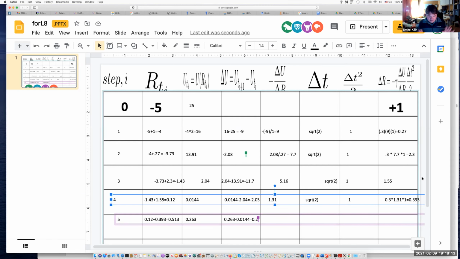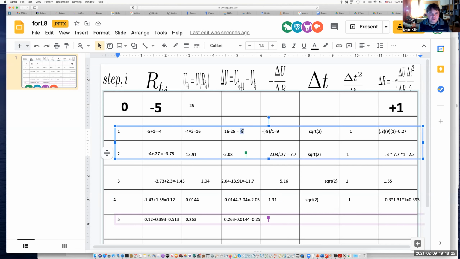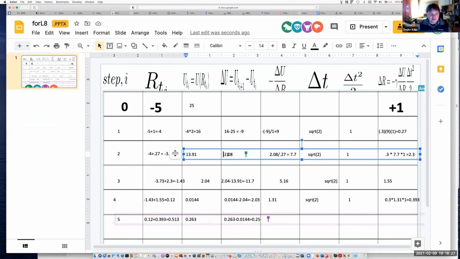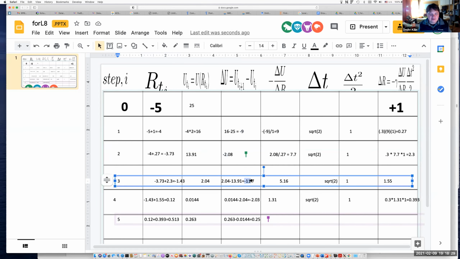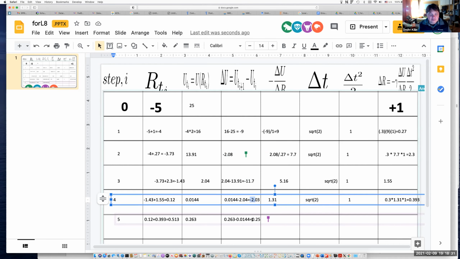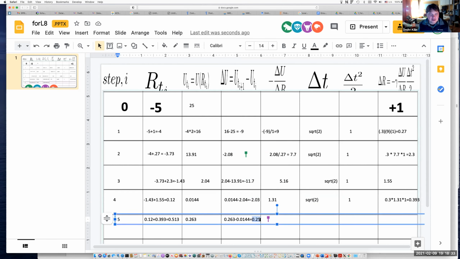So, yeah, good. Let's make a quick stop and let me attract your attention. Let's look at column number 4 from the top to the bottom. First we had -9, then -2, then -11, -2, and now for the first time we have it positive. The sign flips.